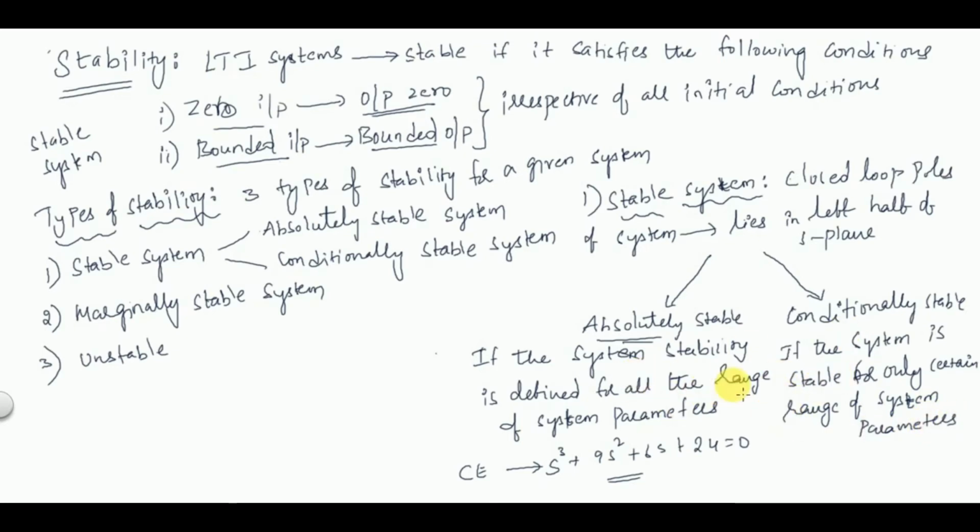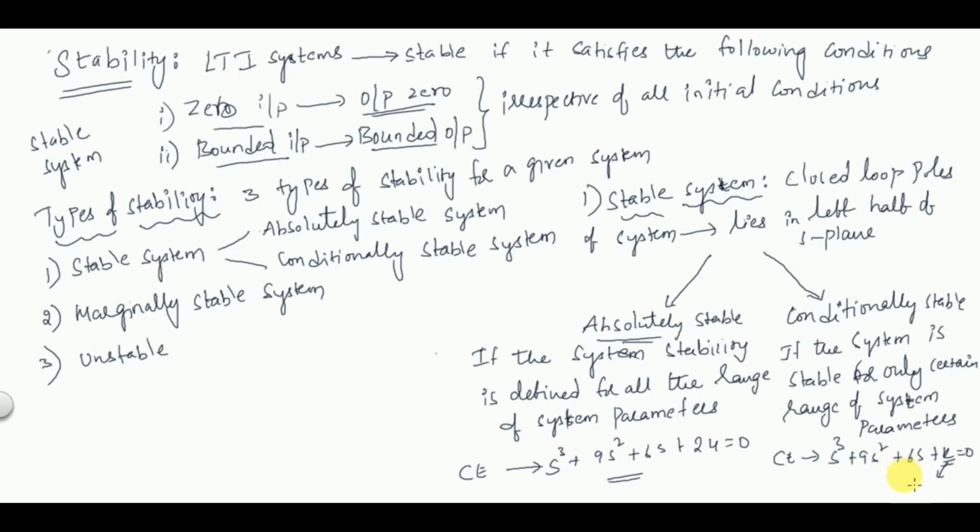Generally the characteristic equation of such systems involves one constant, like s cube plus 9s square plus 6s plus k equals 0. Now it depends on the k value.